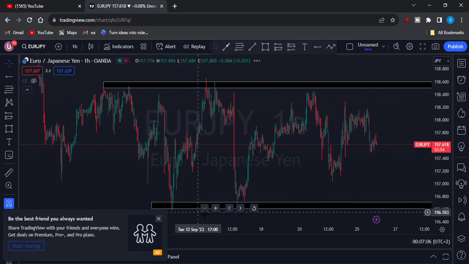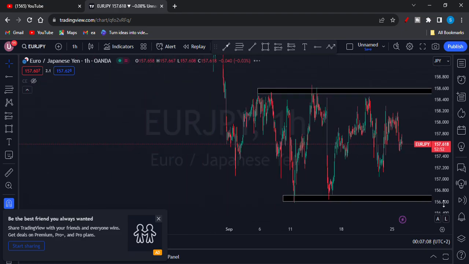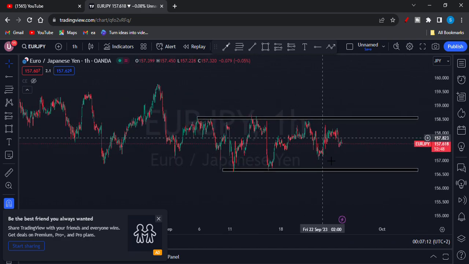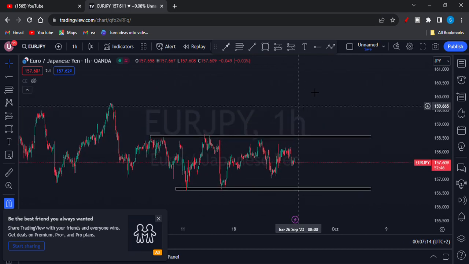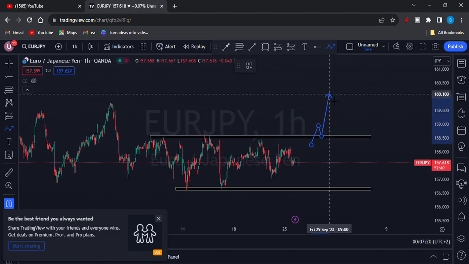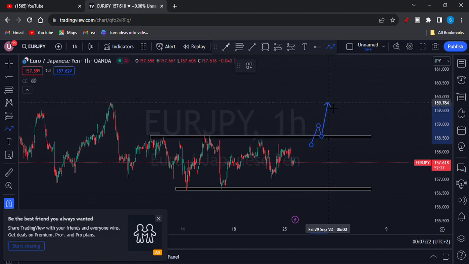And then currently we are consolidating or playing around these areas right here. So I'm just going to wait, and if there is a break, I'll expect a retest and then potentially up to there.